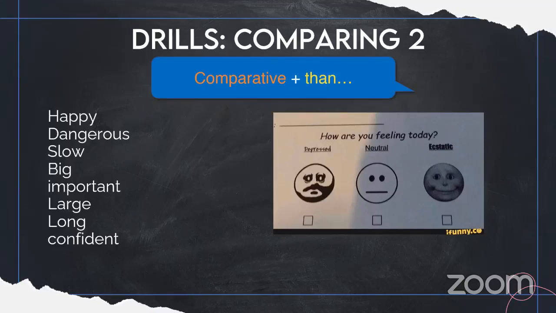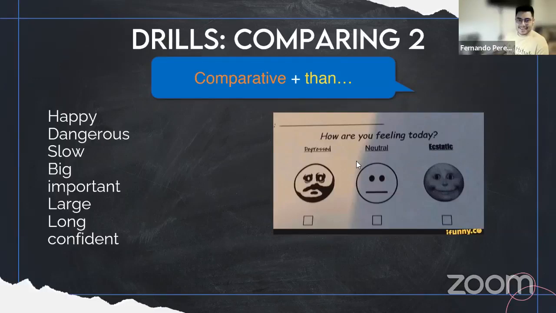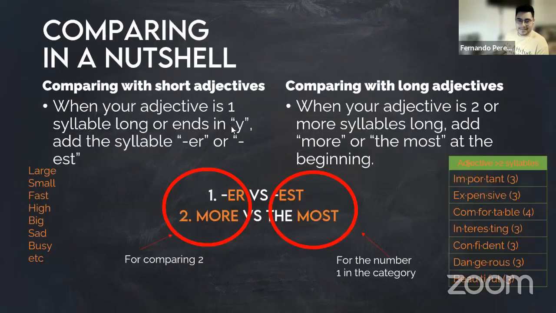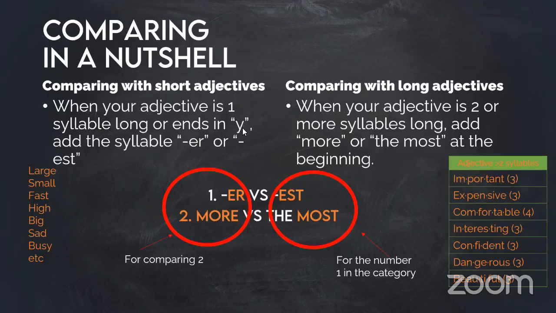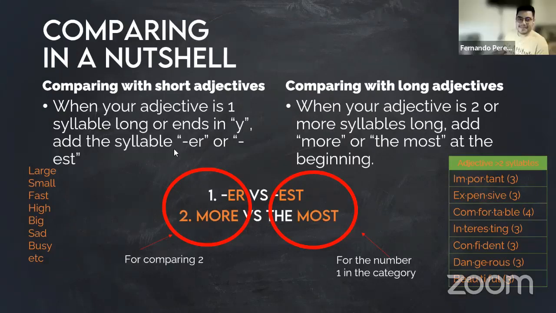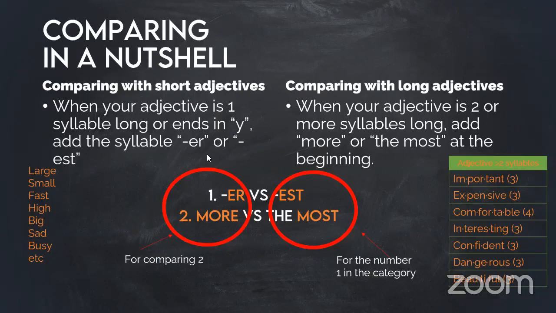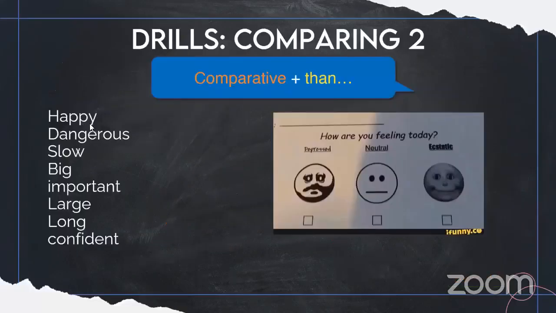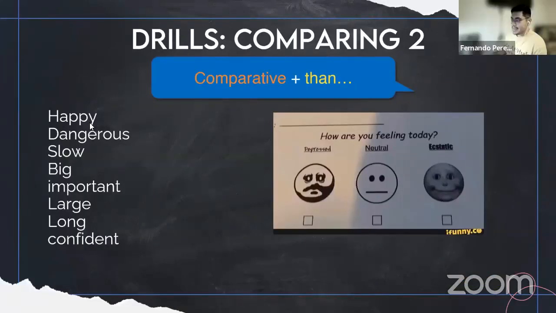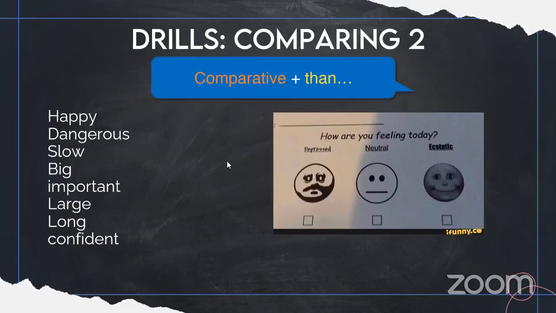No, that's incorrect, because happy ends in Y. When you have an adjective that ends in Y, add the syllable er. Happier.